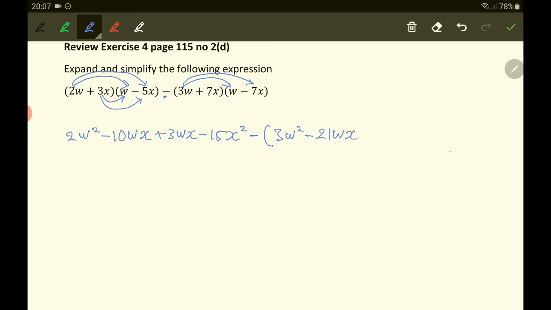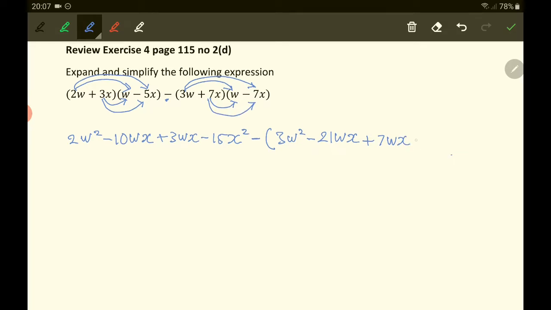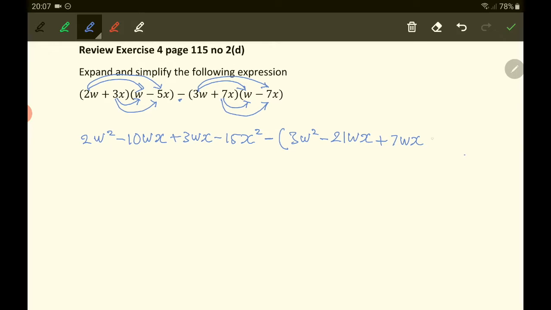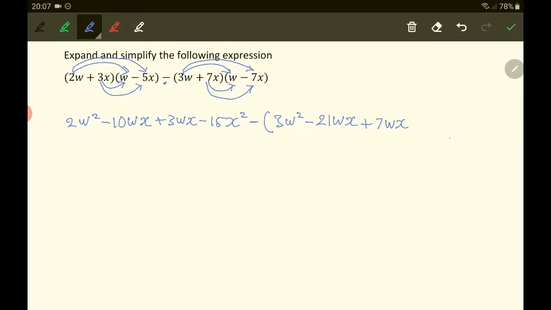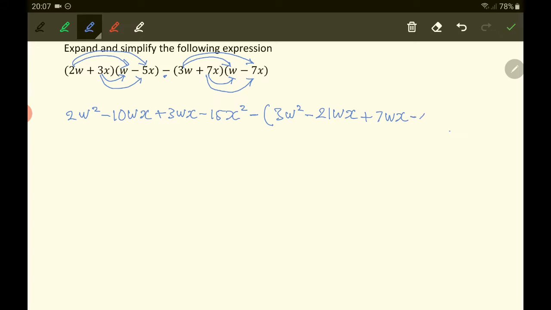Then you multiply 7x with w, so you get plus 7wx, and 7x times minus 7x gives minus 49x squared. Okay, close bracket.